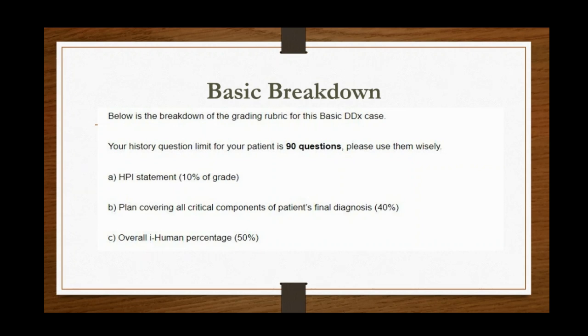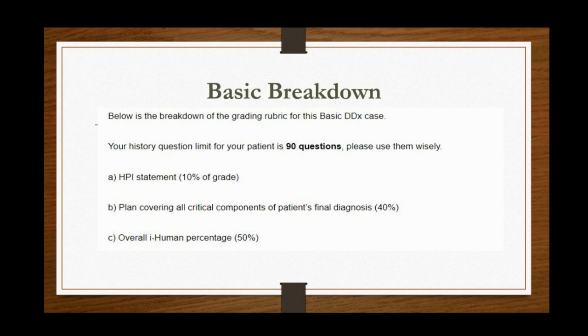Please use them wisely. Remember, in the previous video, I explained that the grading rubric for the learning mode focuses on three areas: history, which takes 40%, physical exams, which takes another 40%, and plan, which takes the remaining 20%. Now, for the complete case version, the grading rubric focuses on three areas, but in a slightly different way to the learning mode.